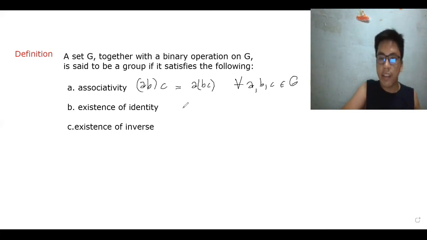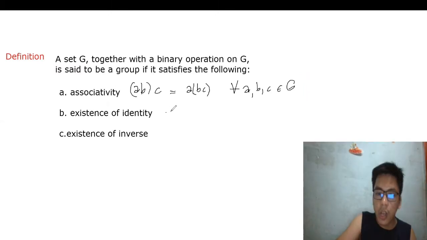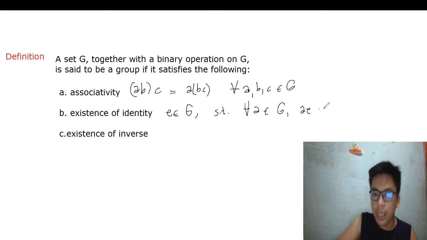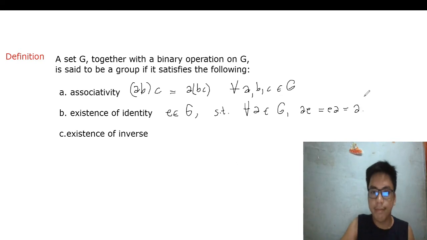Also, the existence of identity. That means we can find an element E in G such that for every A in G, we have AE equals EA, and that equals A. And of course, the existence of inverse.